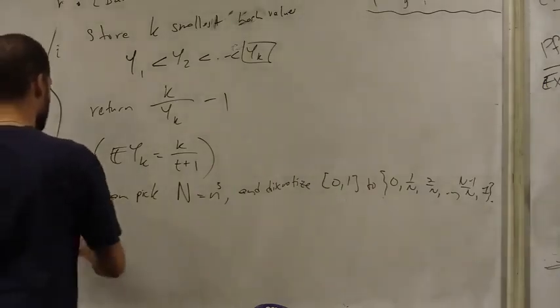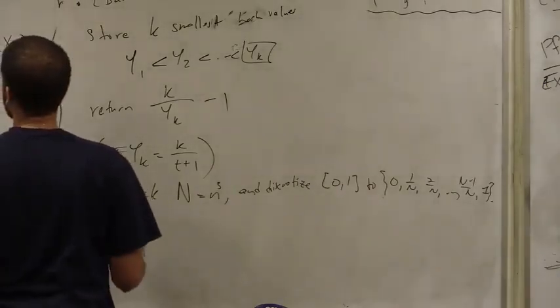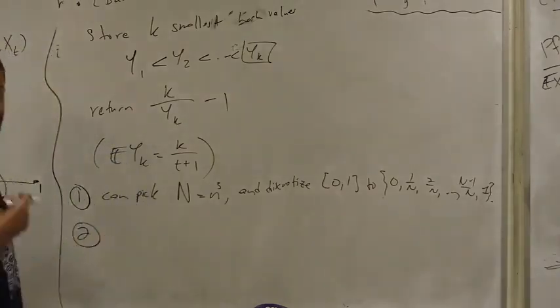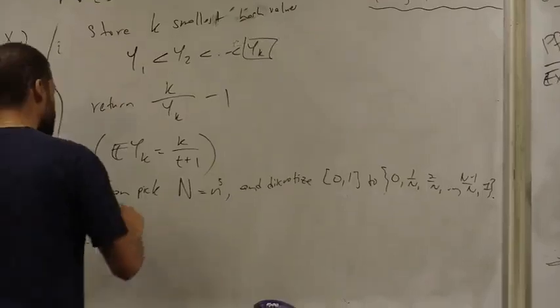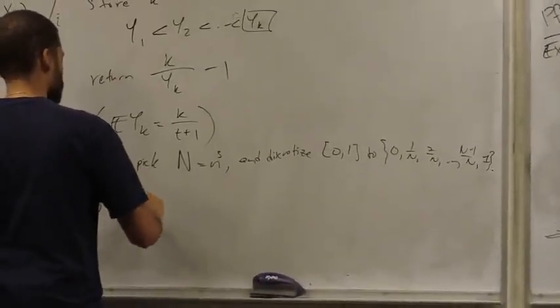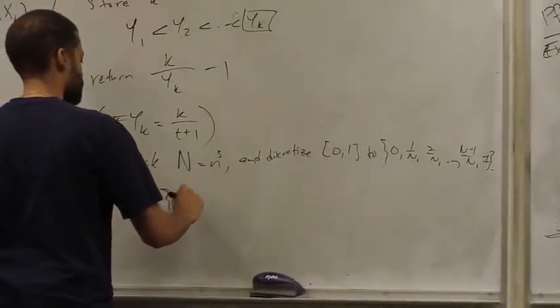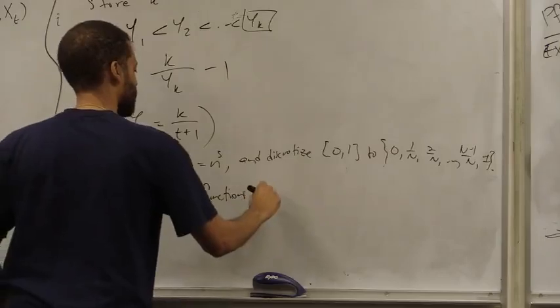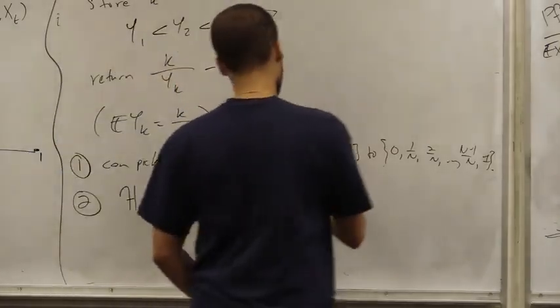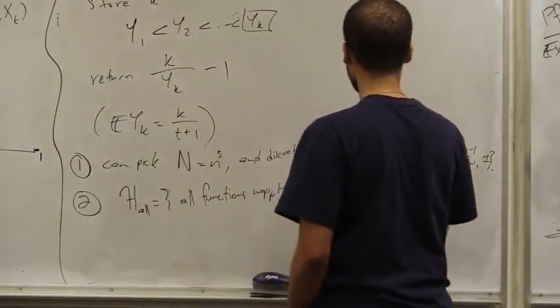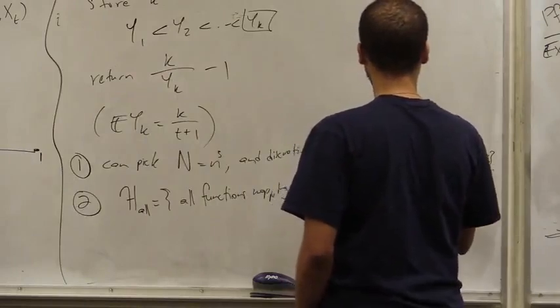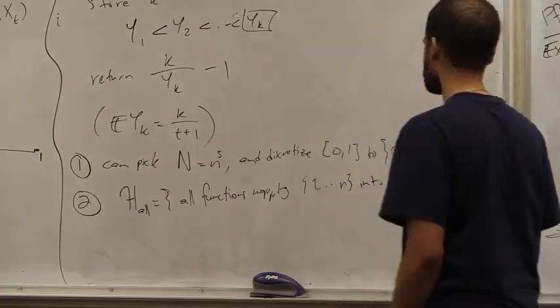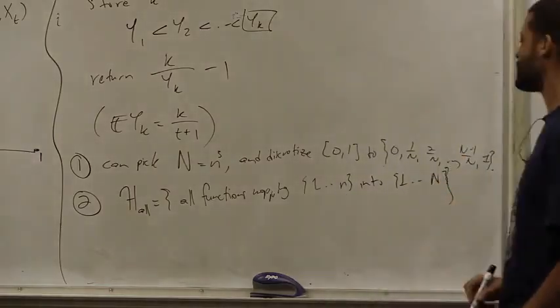And second, when we say that h is a random function, what we really mean is to define h all, which is the set of all functions mapping 1 to n into 1 up to capital N. That's h all.